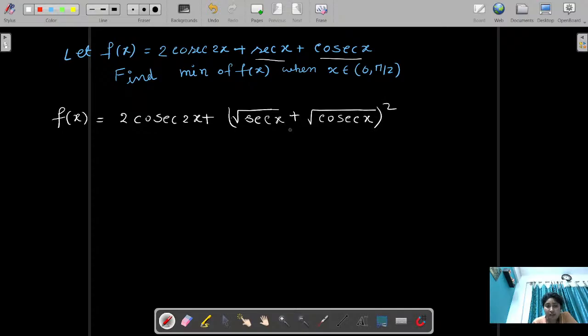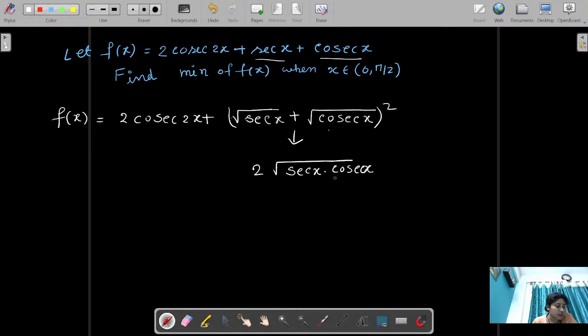But if I do so, I will get one extra term from this. And what is the term? The term is 2 root under sec x into cosec x. Right. That is the term we are going to get extra.